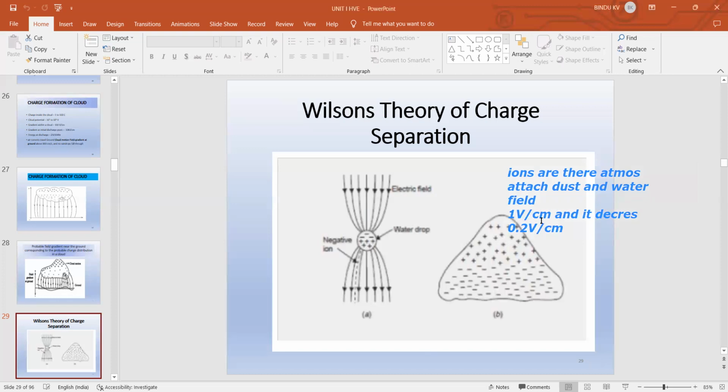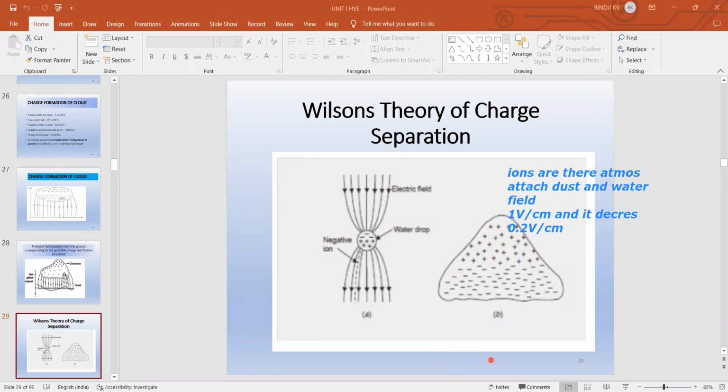So, to recap, many ions are present in the atmosphere, these ions attach themselves to form dust and water particles, and third, the electric field intensity gradient is around 1 volt per centimeter, and as the distance increases, it decreases to only about 0.02 volt per centimeter.